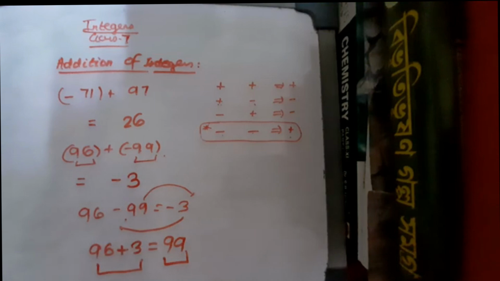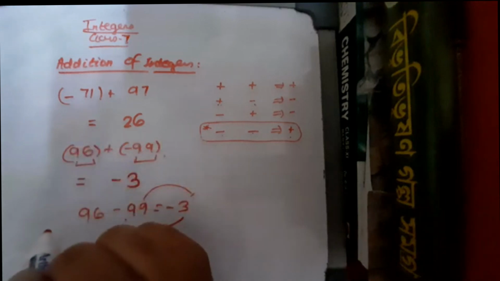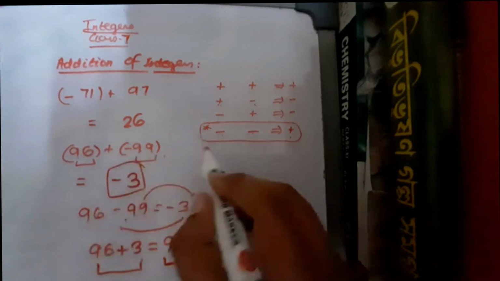Okay, so if this is something which is new: if in an addition problem the negative integer is greater than the positive integer, then the answer you get is negative.